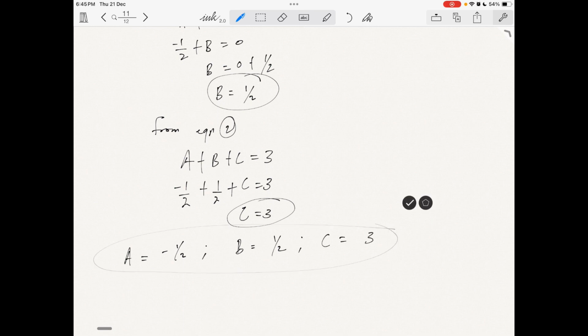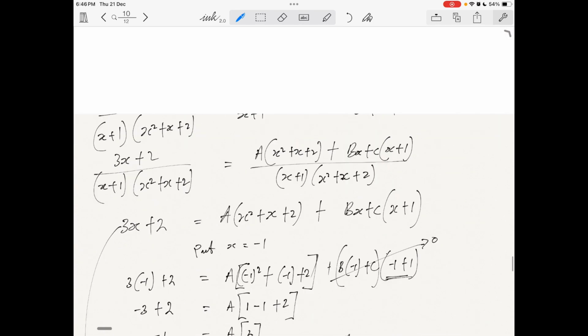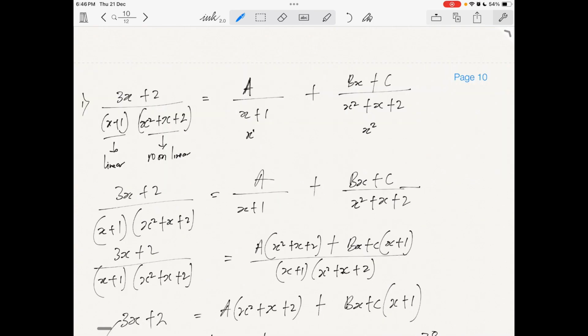Now, having gotten my values, I will now go back to the beginning again. We go back here. Very important. In the same order we will write.